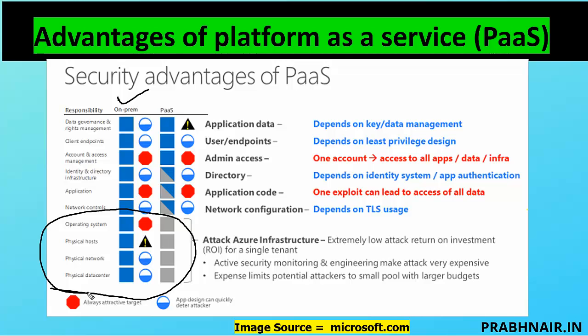But in the middle of the stack, there is no difference between the PaaS deployment and on-prem. So at the application layer, in account and access management, you have a similar risk. Here you can see the application data and the application code, and here we have admin access.